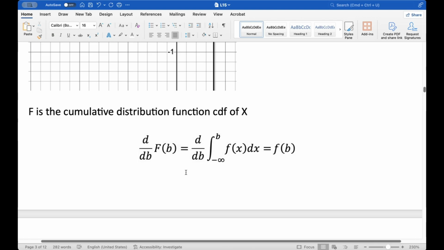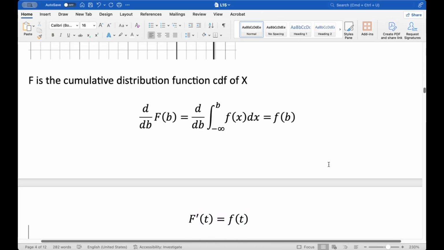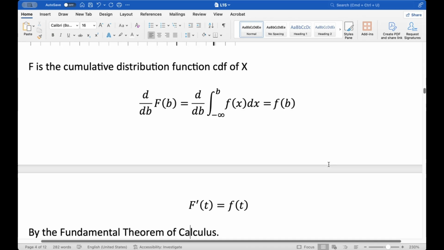And from fundamental theorem of calculus 2, the derivative, antiderivative undo each other. So the derivative of capital F is the derivative of the integral, f of x dx, and those cancel out to just f of b. So f prime, the derivative of the CDF gives us the density function f.